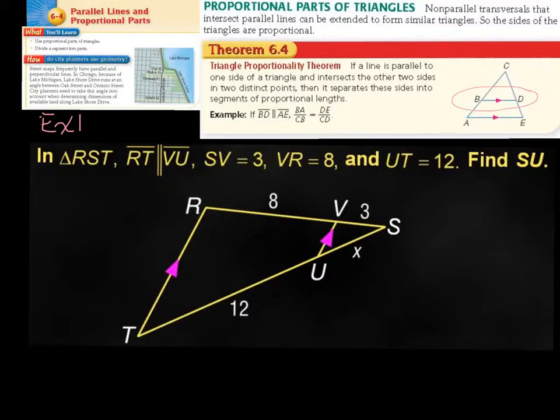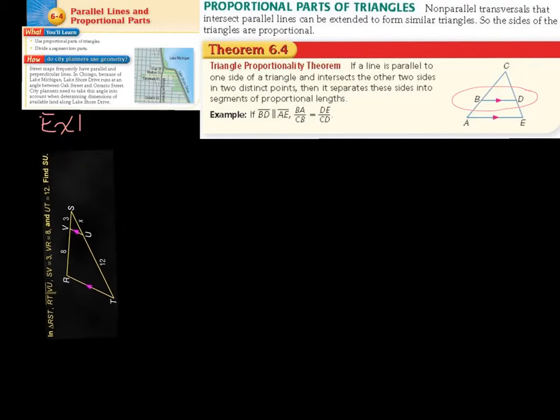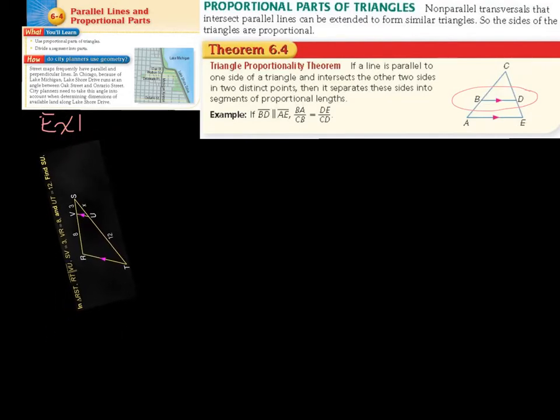In triangle RST, RT is parallel to VU, which they marked, and the length of SV is 3, the length of RV is 8, the length of UT is 12, and they ask us to find SU, and they were nice and labeled that X for us. I am going to do something really weird here. I would like to turn our diagram so it looks more vertical.